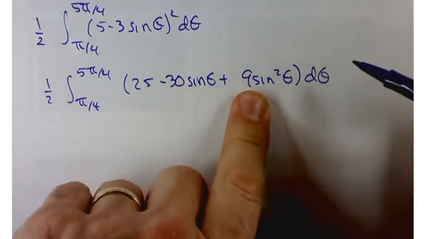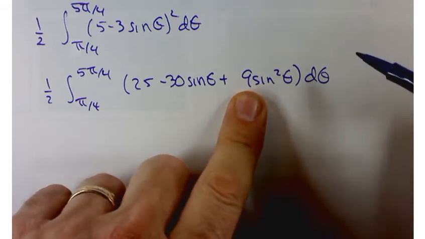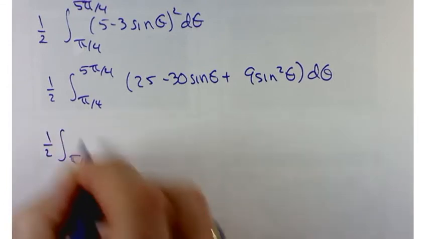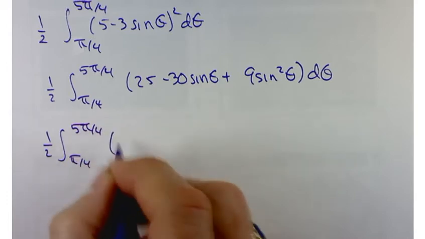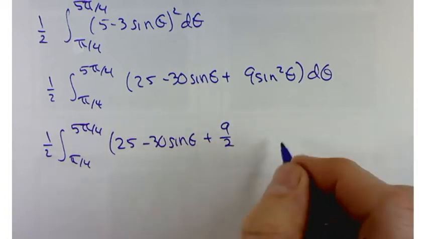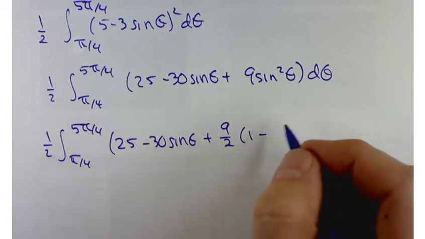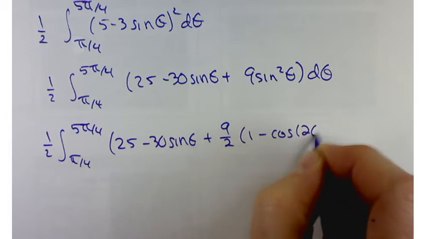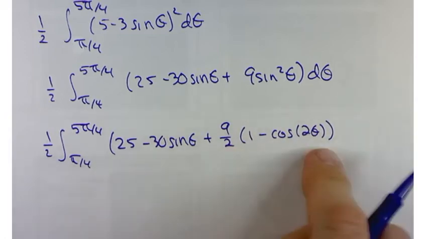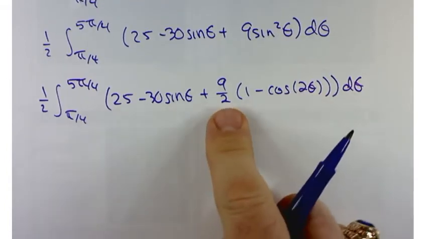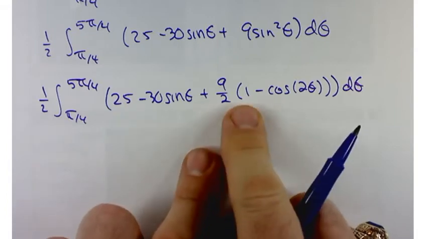I think by the end of the homework, you'll have this substitution memorized again, right? The double angle formula seems to come up quite an awful lot. So it's going to be 1/2 the integral from pi over 4 to 5 pi over 4, 25 minus 30 sine of theta, plus, let's call it 9/2 times 1 minus cosine of 2 theta, d theta. 9 halves times 1 is going to be 9 halves.